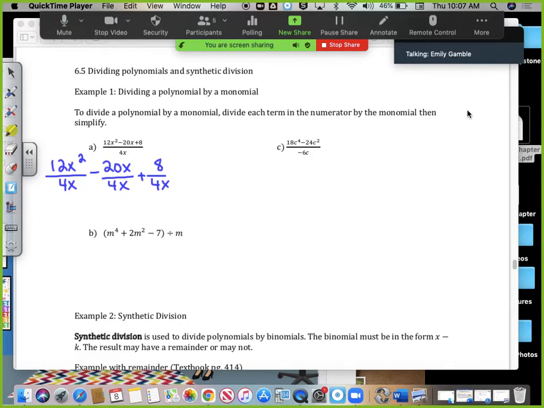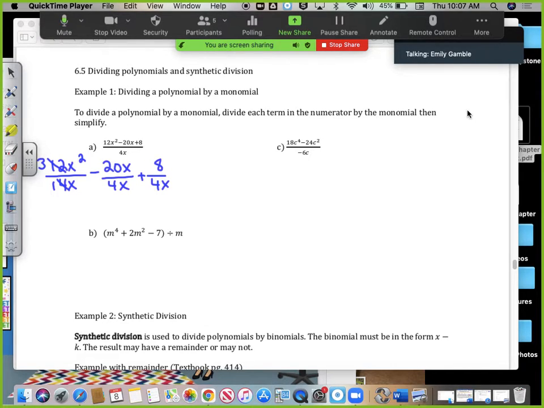so it doesn't always work like the long division method does. If I was going to simplify this, then I would look at each separate part and simplify everything that I can. Coefficient numbers, pull out factors, variables, take away variables that can be taken away. So like 12 and 4, I can take a factor of 4 out of 12 and a factor of 4 out of 4. I'll be left with a 3 on the top and a 1 on the bottom.